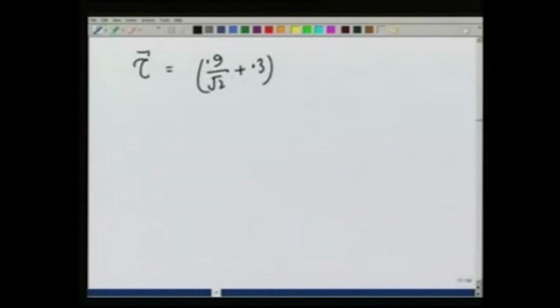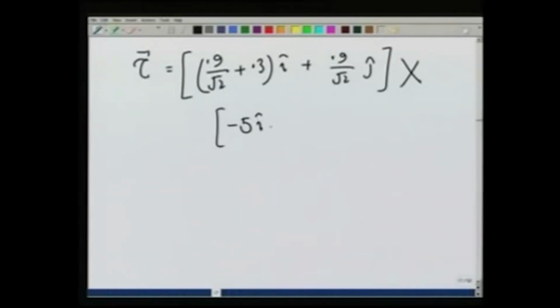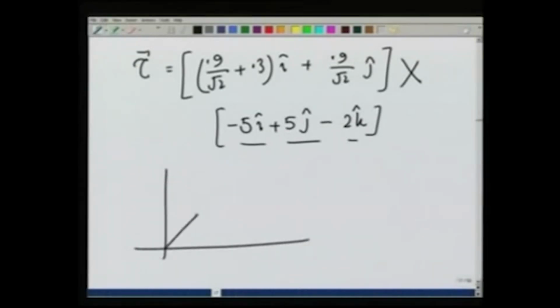and therefore, the torque is going to be equal to 0.9 over root 2 plus 0.3 I plus 0.9 over root 2 j cross the force, minus 5 I plus 5 j minus 2 k. I leave this as an exercise for you to calculate this torque, but once you calculate this torque, what you would find is this gear handle on which this force was being applied.